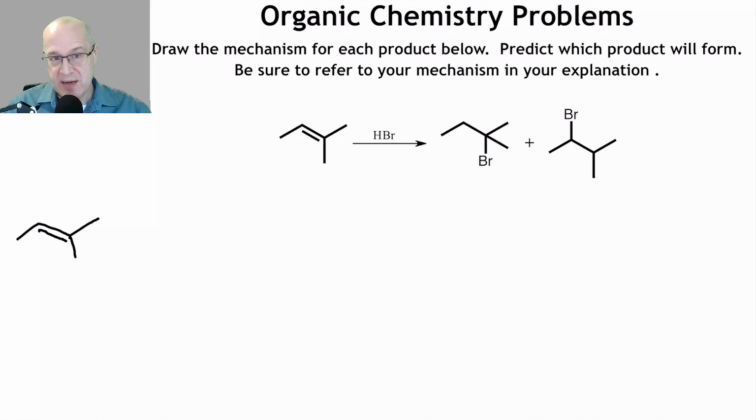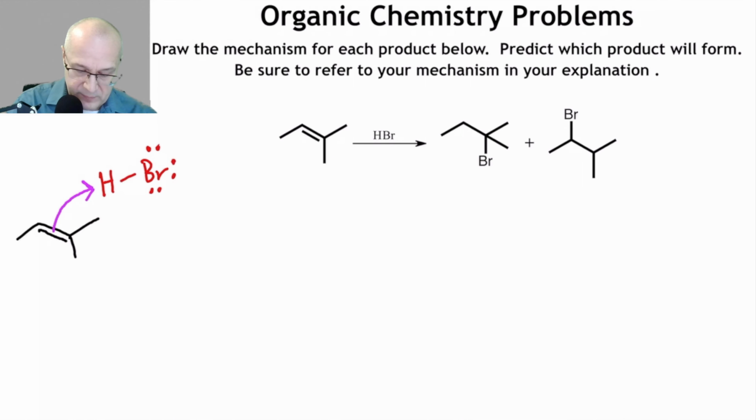This is not hydrobromic acid, hydrogen bromide. How do I know? There's no water. If there was water here, this would be hydrobromic acid. HBr by itself, no solvent, is hydrogen bromide. So keep that in mind. It's very important. Okay, now at this point, the pi bond will deprotonate HBr.